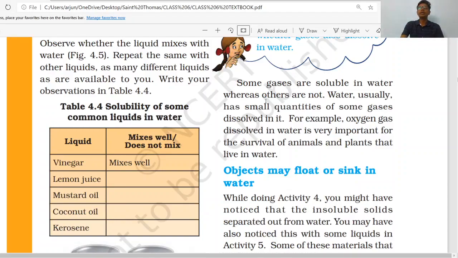Similarly, the animals living in the water, the whales, the fish, they also need oxygen. From where do they get the oxygen? Not from the air, but from the oxygen present in the water. So oxygen gas dissolved in water is very important for the survival of animals and plants that live in water.